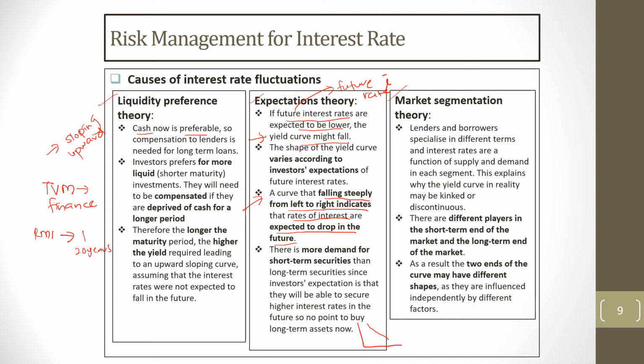That's why bila dia expect yang kata the future interest rate akan berkurang, sebab tu dia punya graph ni menurun, ataupun we also call as a negative lah kalau dah berturun macam tu.